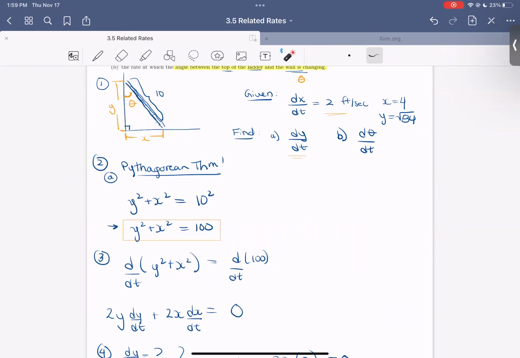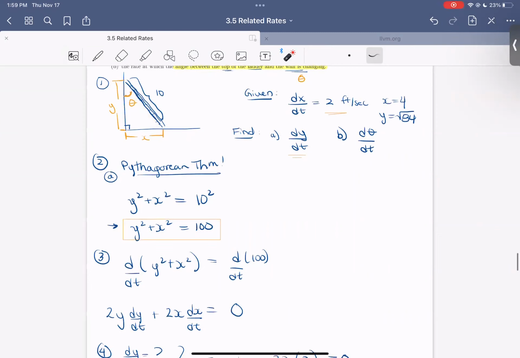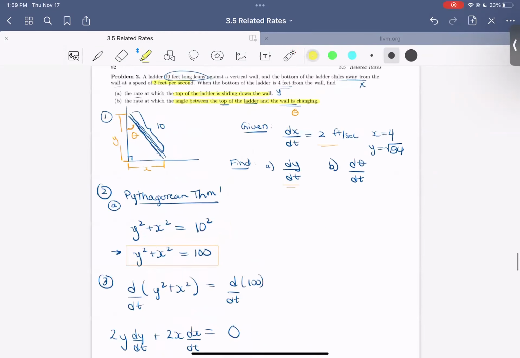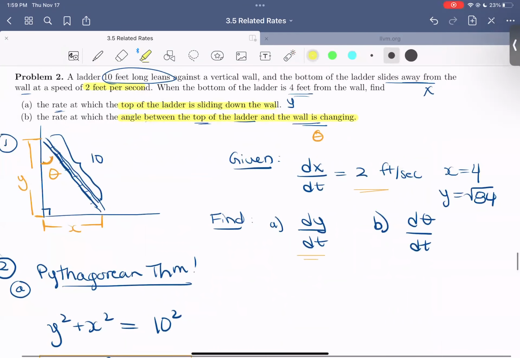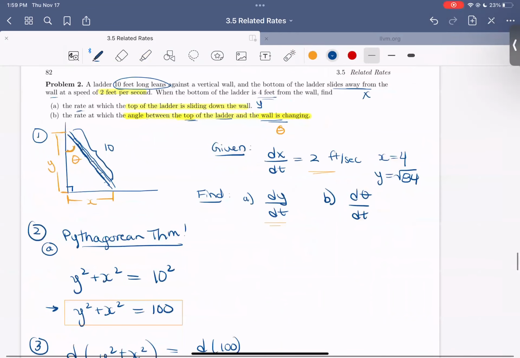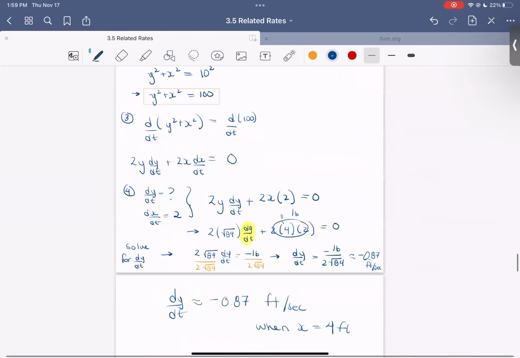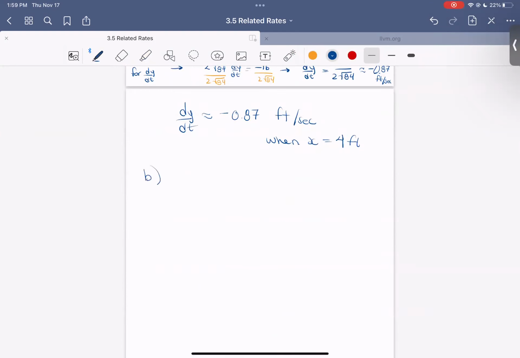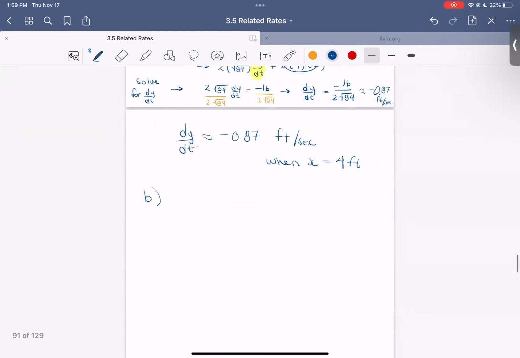All right, so now let's take a look at how we'd solve for part B. In part B, we're asked for information about the angle between the top of the ladder and the wall. That's theta here. So for part B, we need to come up with an equation relating that x value, because we know information about dx/dt, and theta.